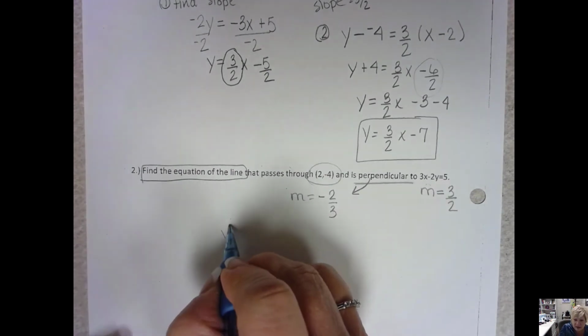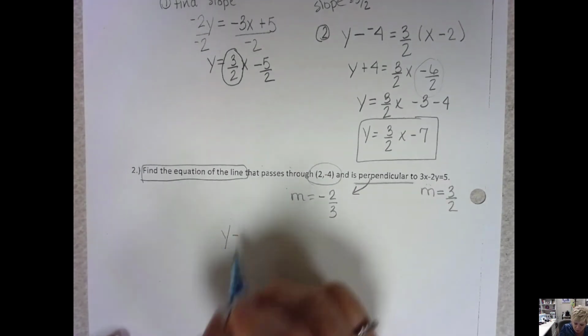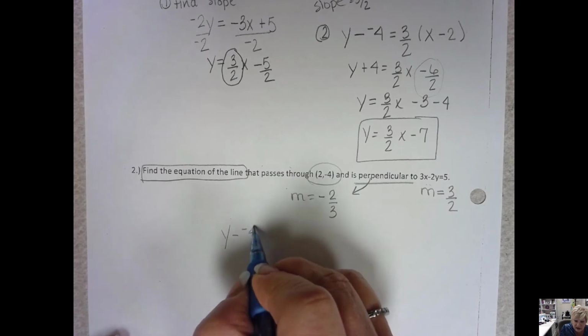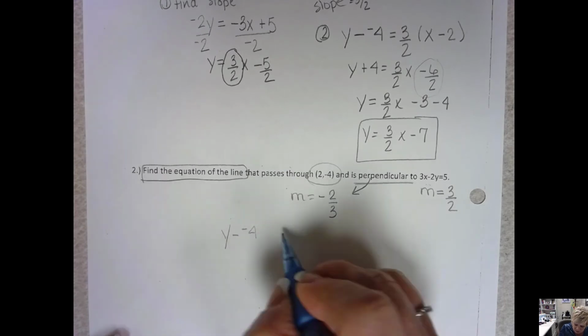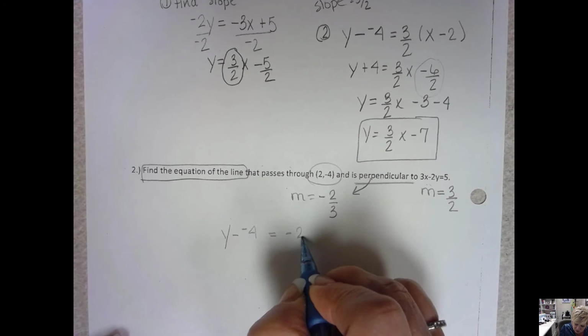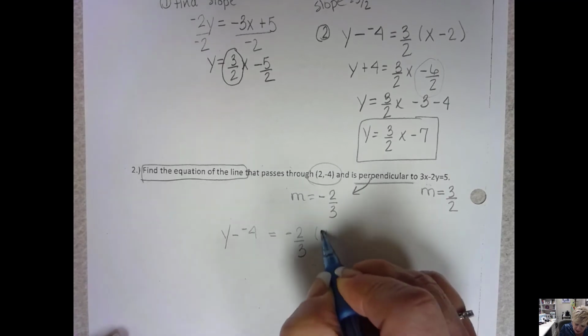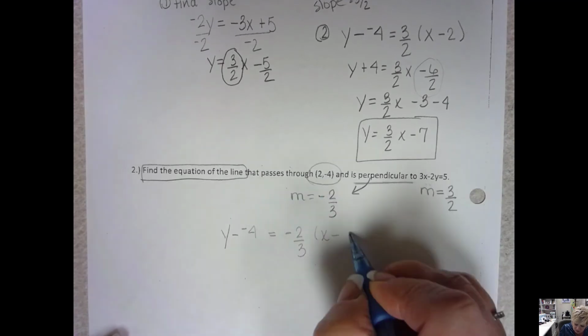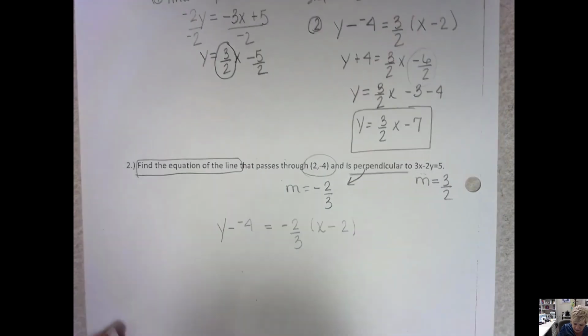So now we can plug it into point slope form. Y minus the y value of the point equal -2/3 x minus the x value. And let's clean it up.